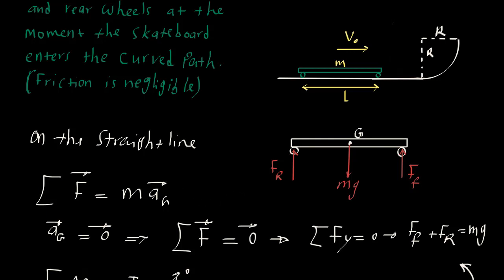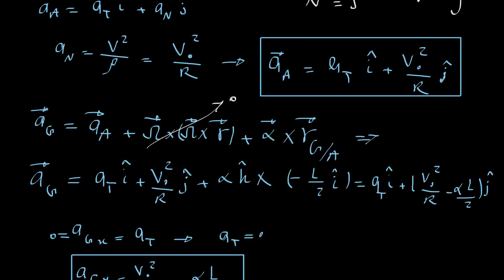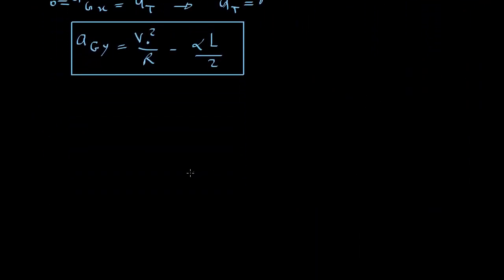So we wrote down the acceleration of A. We wrote down the acceleration of G based on A. Let's also write down the acceleration of B based on A, and we are going to have one extra geometrical constraint there.